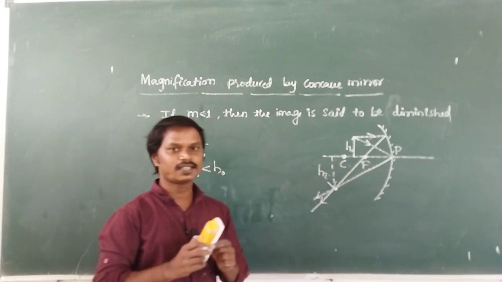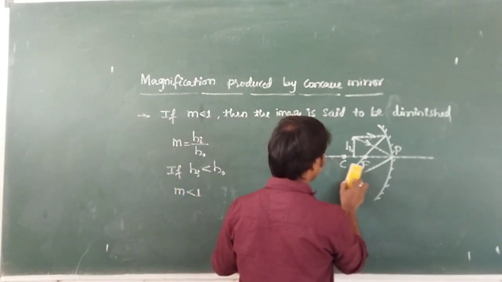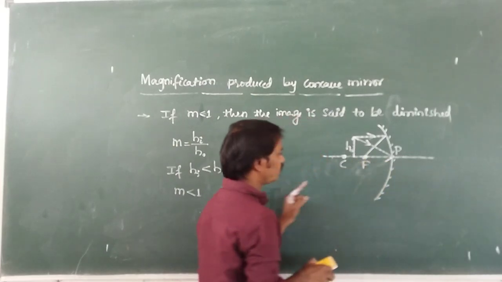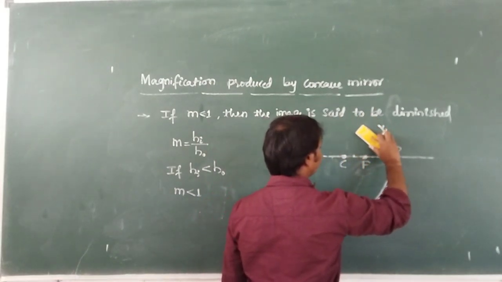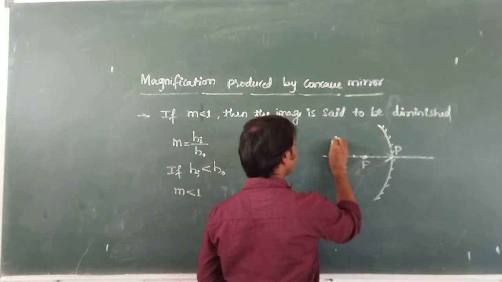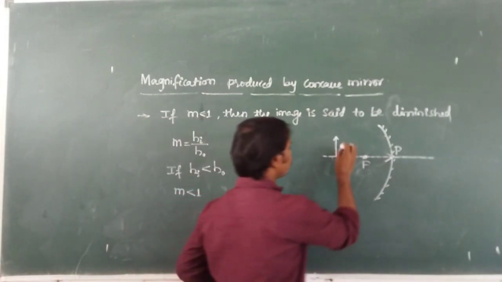So, the diagram for this one. Let us consider the object beyond C, which means the object distance is greater than the radius of curvature.